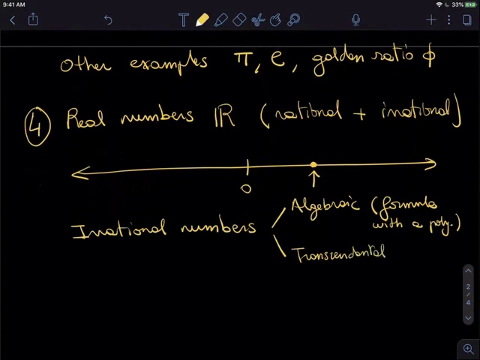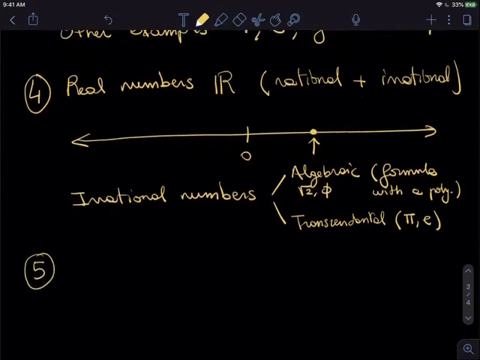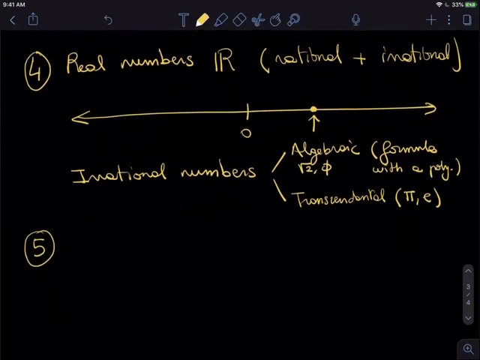Examples of algebraic are the square root of 2 and the golden ratio. Transcendental, we have pi and we have e. And finally, because we will cover this later in the semester, we also have complex numbers.